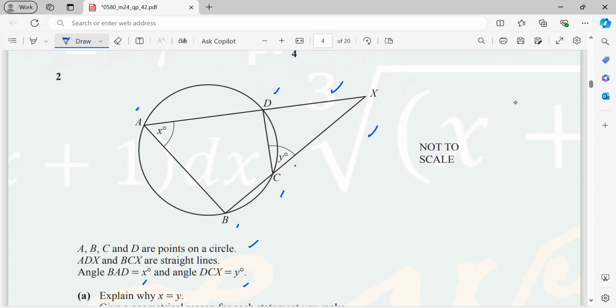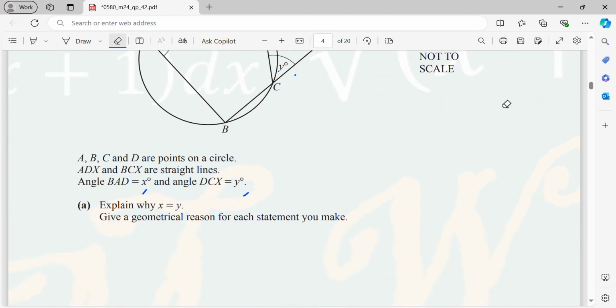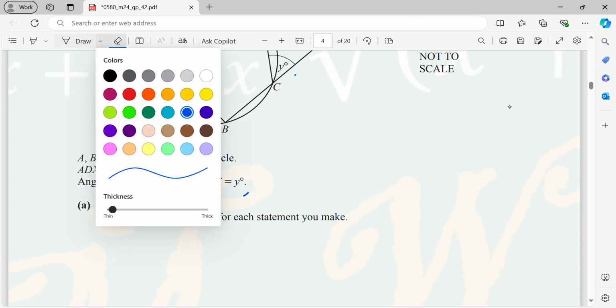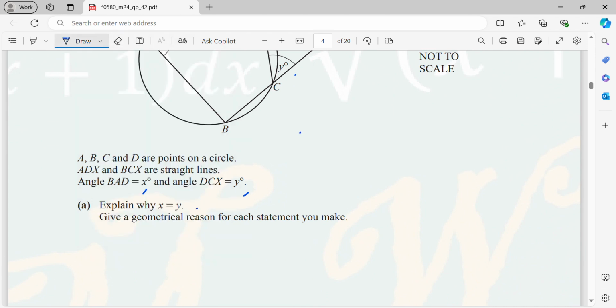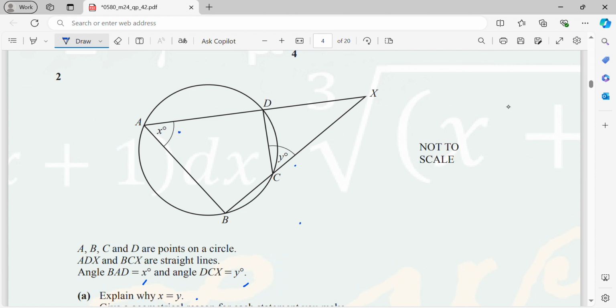So the first part is A. Explain why x equals y. Give a geometrical reason for each statement you make. So we need to prove that these x and y are equal.